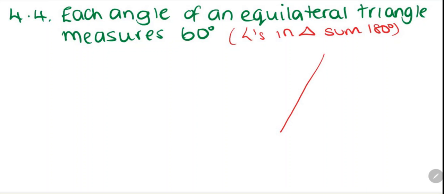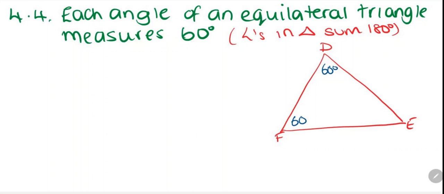it means that if we have our triangle, and we'll call this one DEF, our angles need to be 60, so it adds up to 180, and then our sides would be equal.